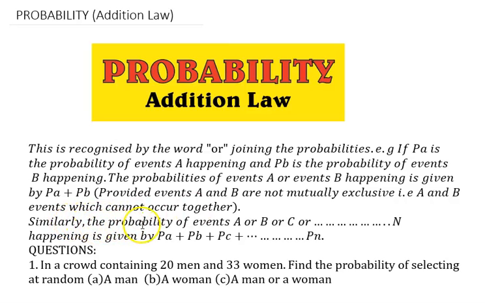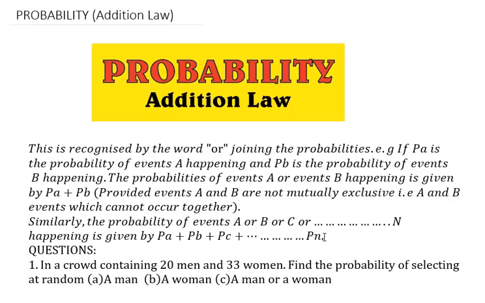Similarly, the probability of event A or event B or event C and so on to event N happening is given by P(A) plus P(B) plus P(C) and so on to P(N). So whenever you see "or" in probability, you are being referred to add such probabilities.